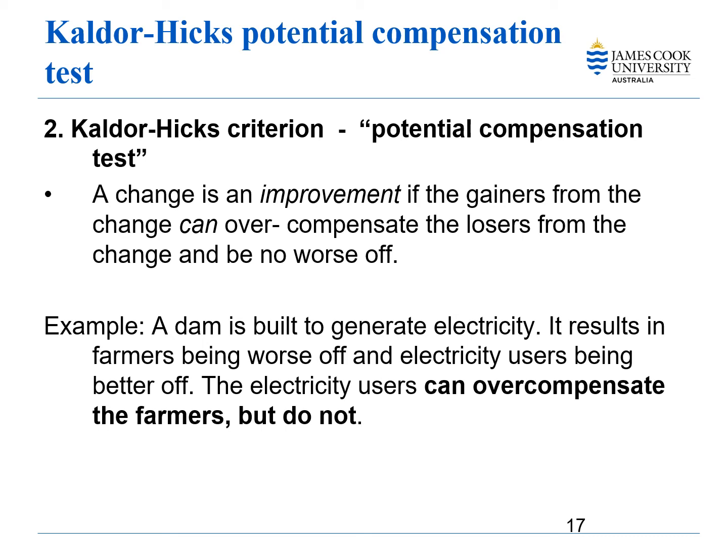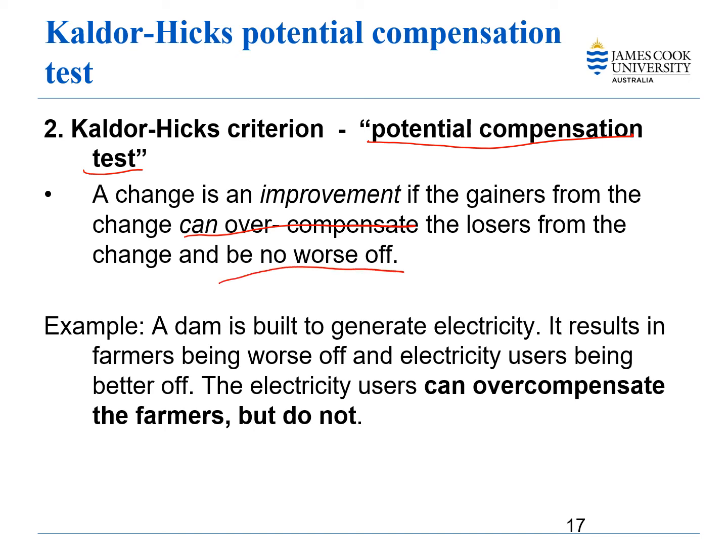Okay, so let's use another criterion, Kaldor-Hicks, or the potential compensation test. It says that a project is an improvement if the gainers from the change can overcompensate the losers from the change and be no worse off.